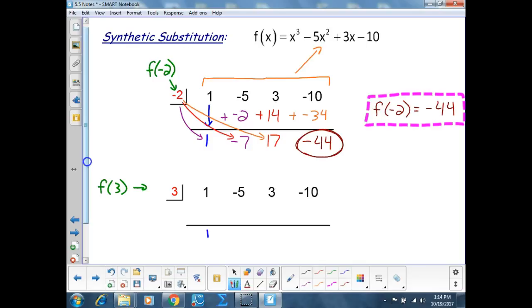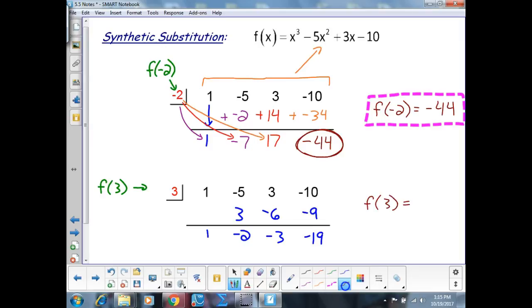Drop, multiply, add, multiply, add, multiply, add. So f of 3 is confirmed at negative 19.